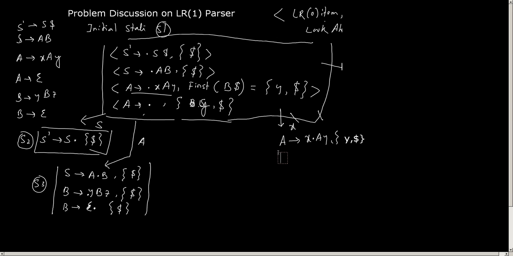Now, what other things can happen? Now I have to start for the production A. So it will be A → .XAY, by applying the closure operation.